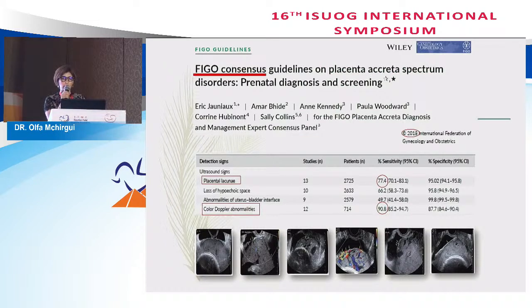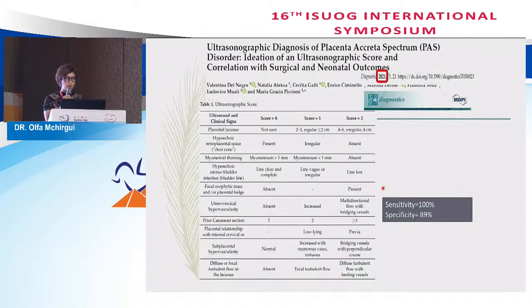The latest published FIGO guidelines insisted on the ultrasound signs, especially placental lacunae and Doppler abnormalities, with their respective sensitivity of 77.4% and 90.8%. And as you can see, the loss of hypoechoic space is not considered the most sensitive sign. Considering the severity of this complication, an ultrasound score was published lately in order to predict the diagnosis of placenta accreta spectrum, in order to plan the future surgical management, with a sensitivity of 100%.